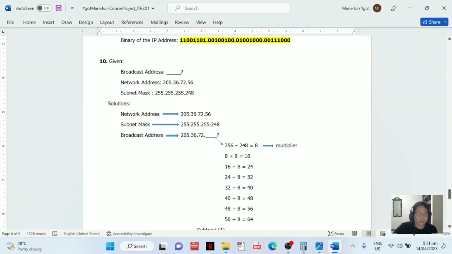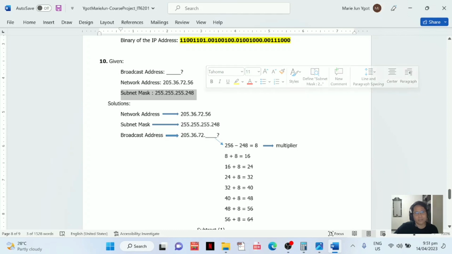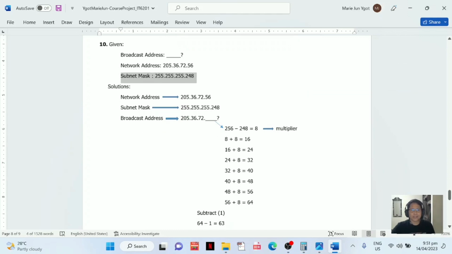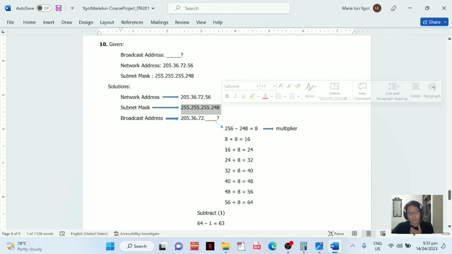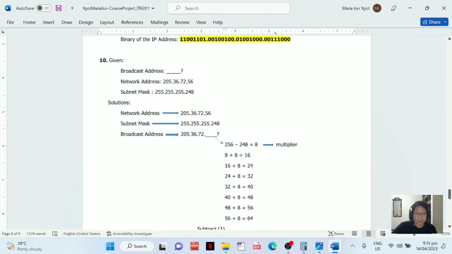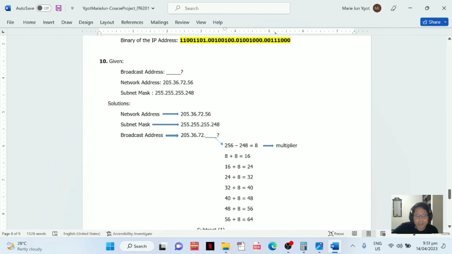Okay, so this is our given. We have the network address and the subnet mask here. Again, we did this many times now. We just need the network address and the subnet mask to get the broadcast address. So, looking for our rule.